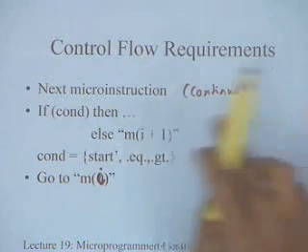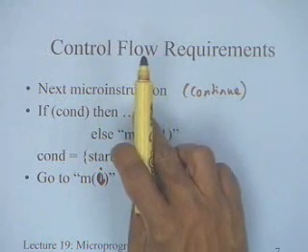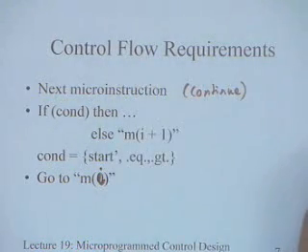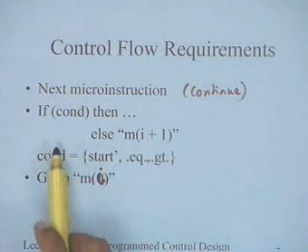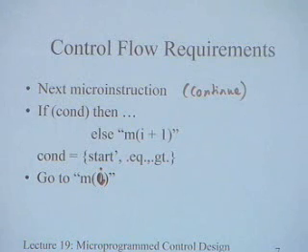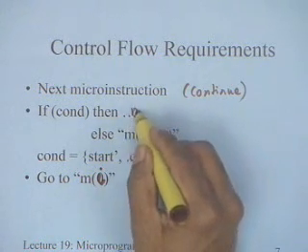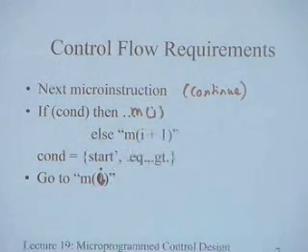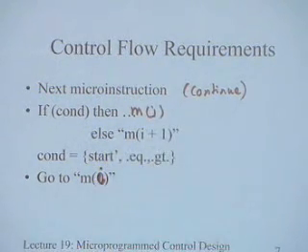You can identify this either from the algorithm, as I mentioned, or from the state machine. The other type of control flow is that I have to be able to test a condition: if condition, then I go to some microinstruction mj, else I go to mi plus 1.